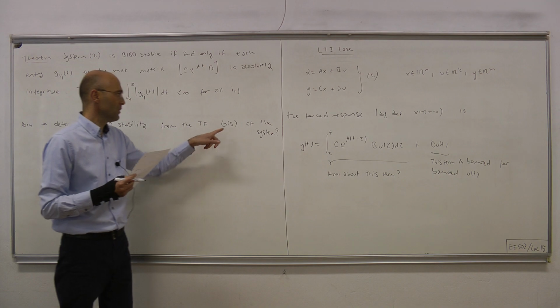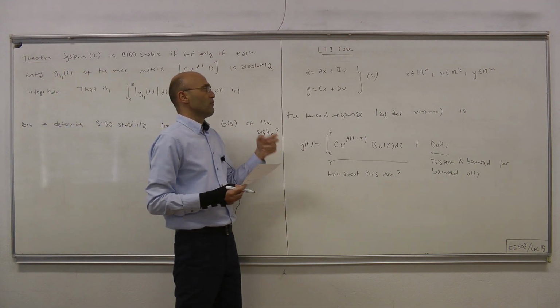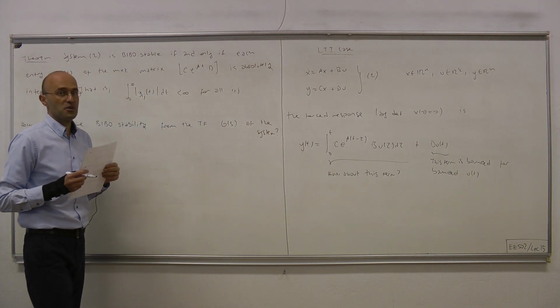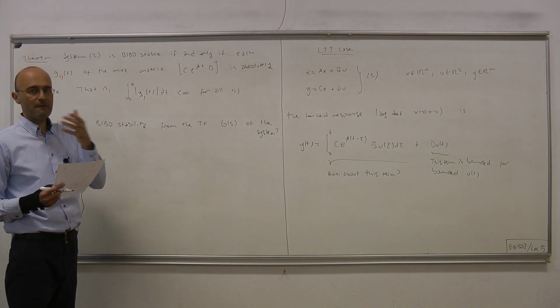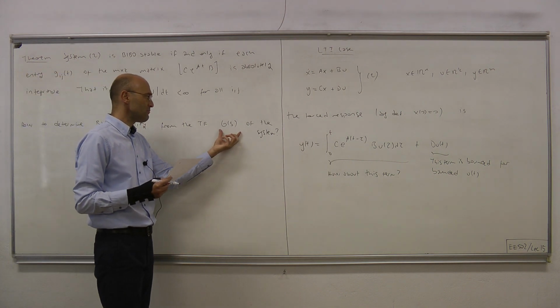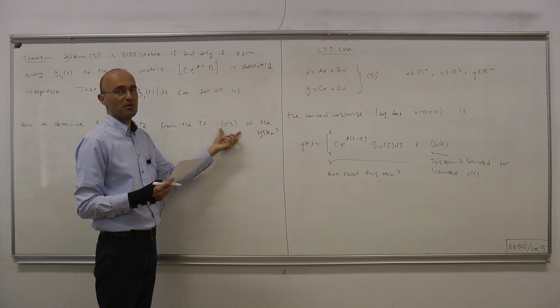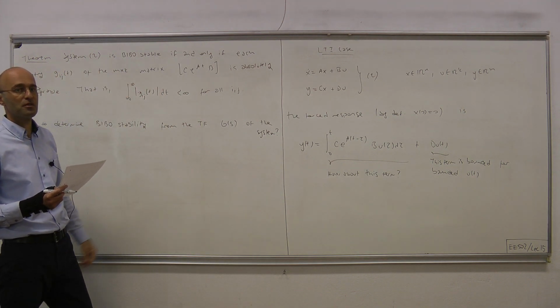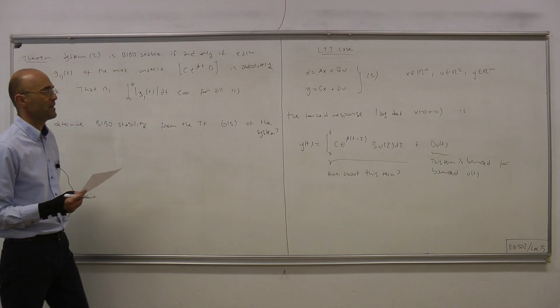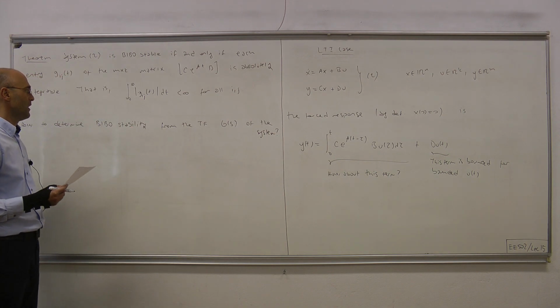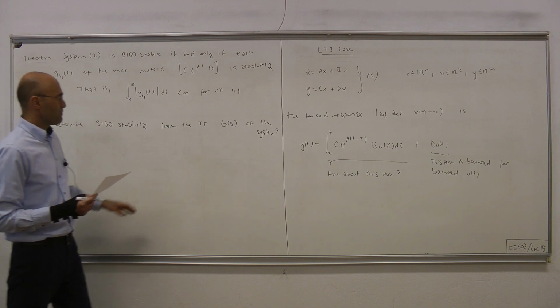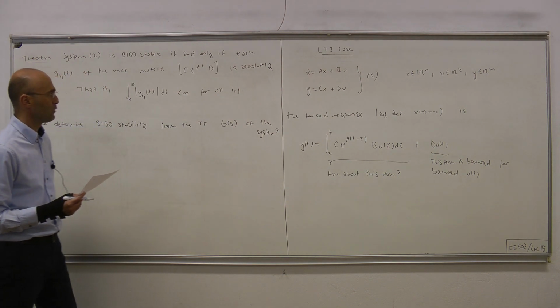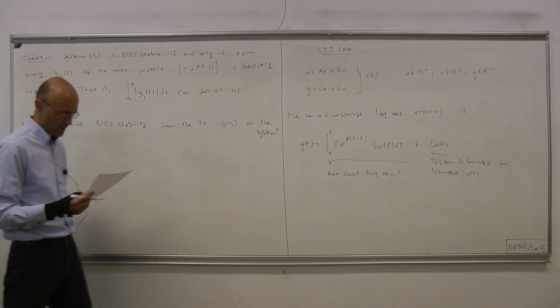Note that in general, G of s for a multiple input, multiple output system is not a scalar, but it's a matrix of size m by k, m the number of outputs, or the individual outputs, and k the size of the input vector. So we have to therefore look at that matrix, the transfer function matrix.